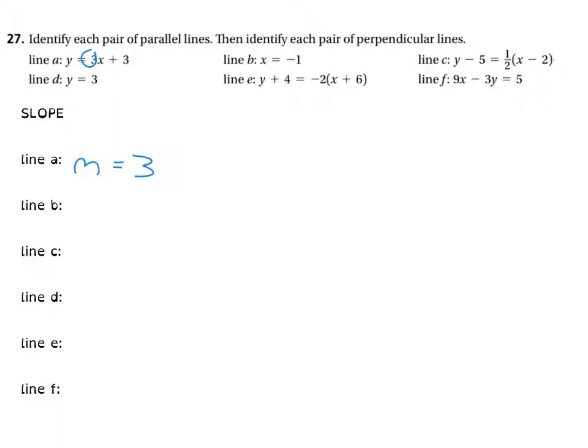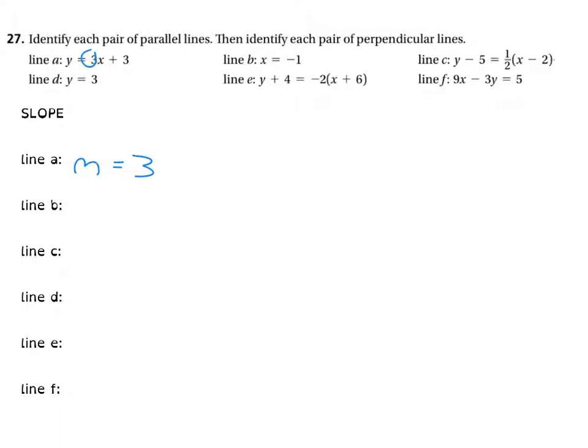Line B, I'm just going to sketch a coordinate grid here. Line B, x equals -1. We have a line that's going to go through the x-axis at -1, like that. We have a perfectly vertical line. That has a slope of, well, we call it undefined, perfectly vertical slope.